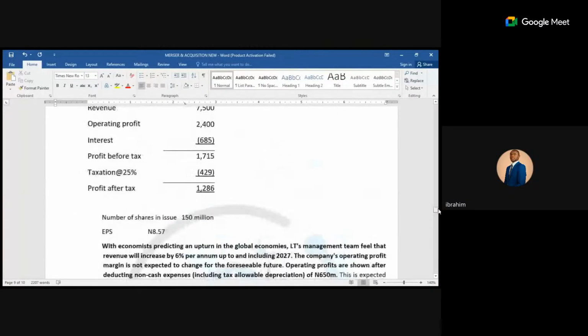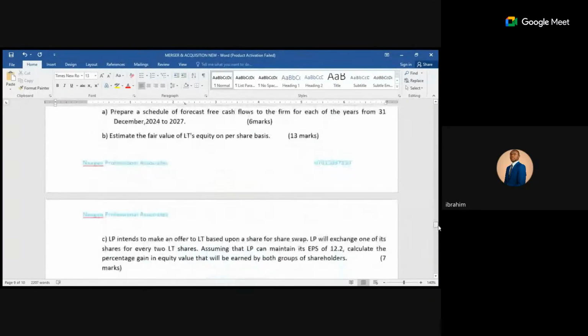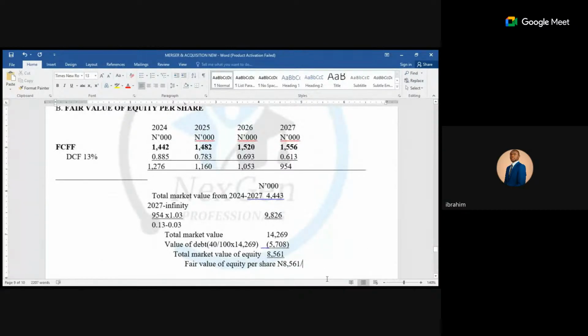Thank you. The shares of LT is 150 million.